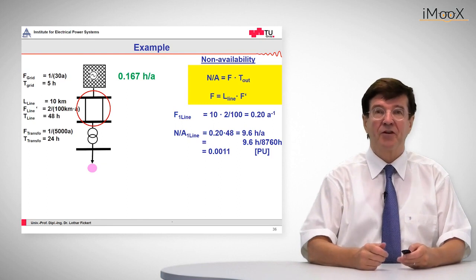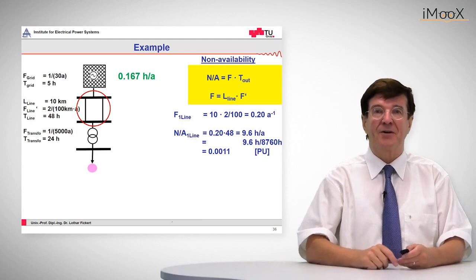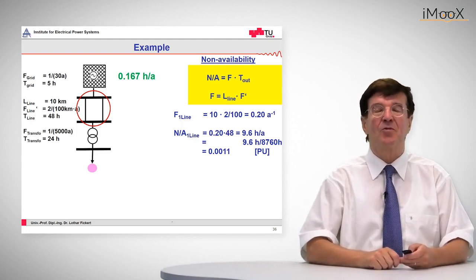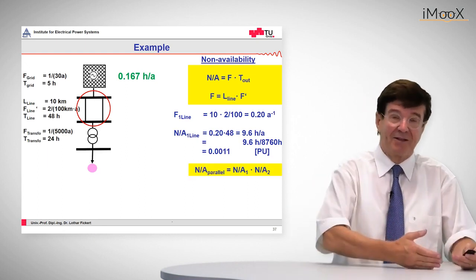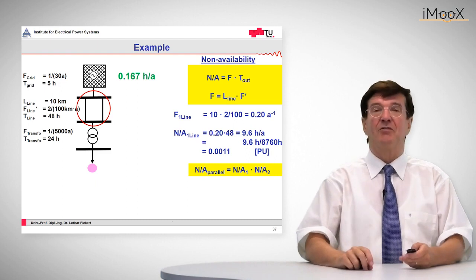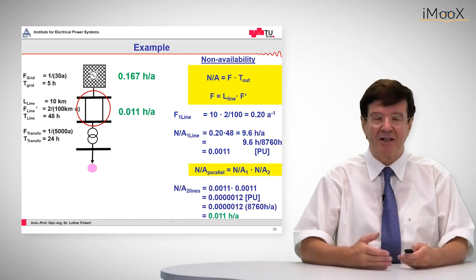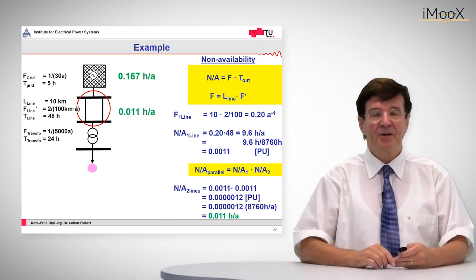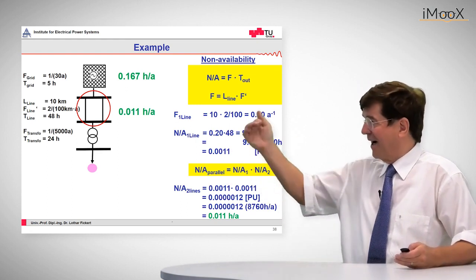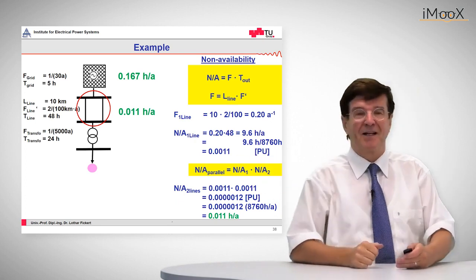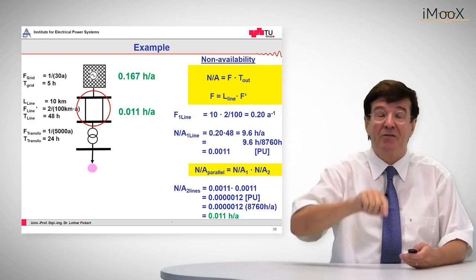That means I convert the 1 year into 8,760 hours and divide, arriving at a non-availability of 0.011. The reason why I do this is that we have to multiply the non-availability of line 1 with the non-availability of line 2, and that is very conveniently done by multiplying these per unit quantities. And the per unit quantities can be converted back into hours per year by multiplying with this factor of 1, which is 8,760 hours divided by 1 year.